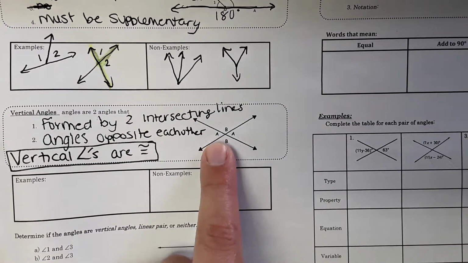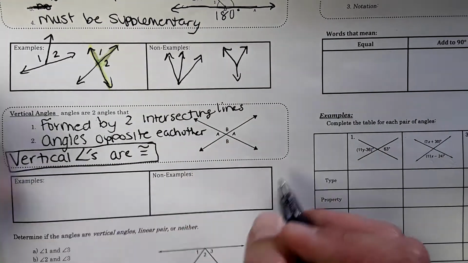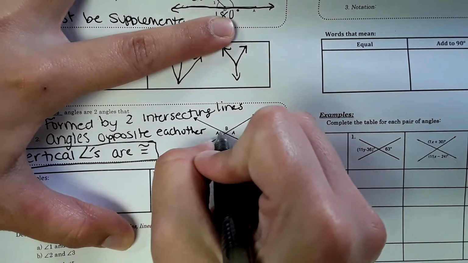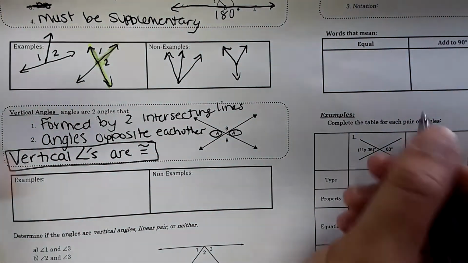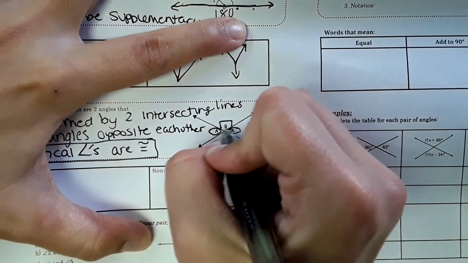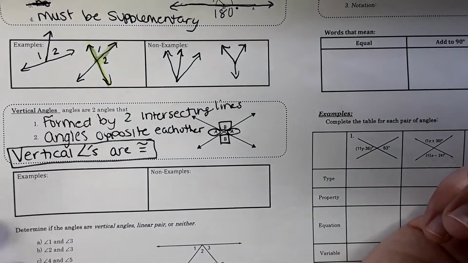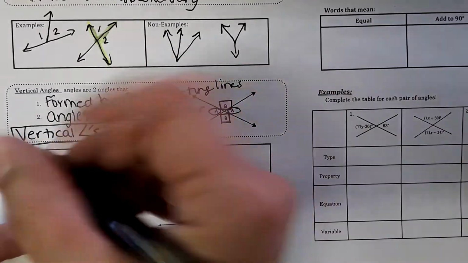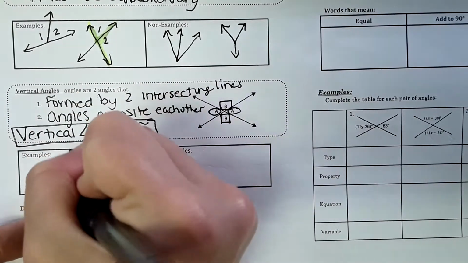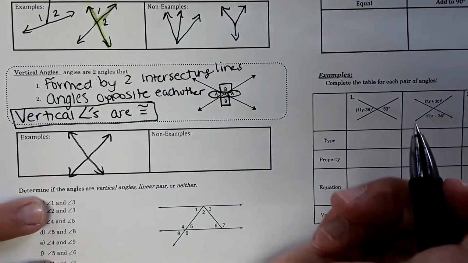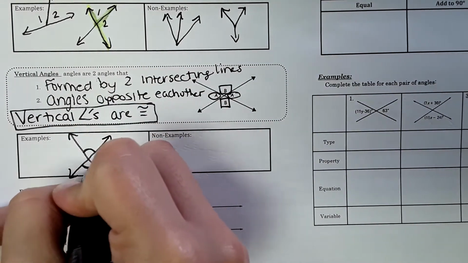And you can kind of see that too. The angle A looks the same as angle A. So vertical angles are congruent, so angle A and angle A would be vertical angles. They would have the same measure. And angle B and angle B would have the same measure as well. So an example of this, when you have two intersecting lines, this angle would be the same measure as this one.